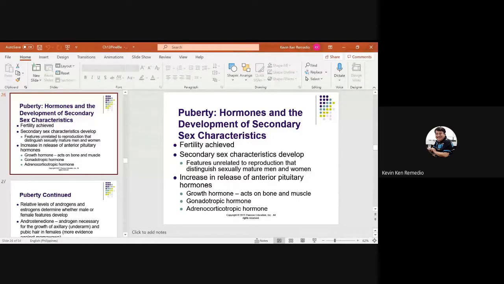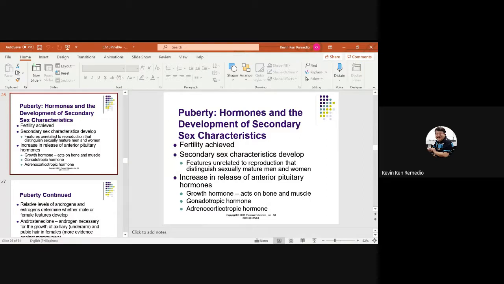The secondary sex characteristics are features unrelated to reproduction, but these features distinguish a sexually mature man and sexually mature women. Diha na mo makita ang difference between men and women.